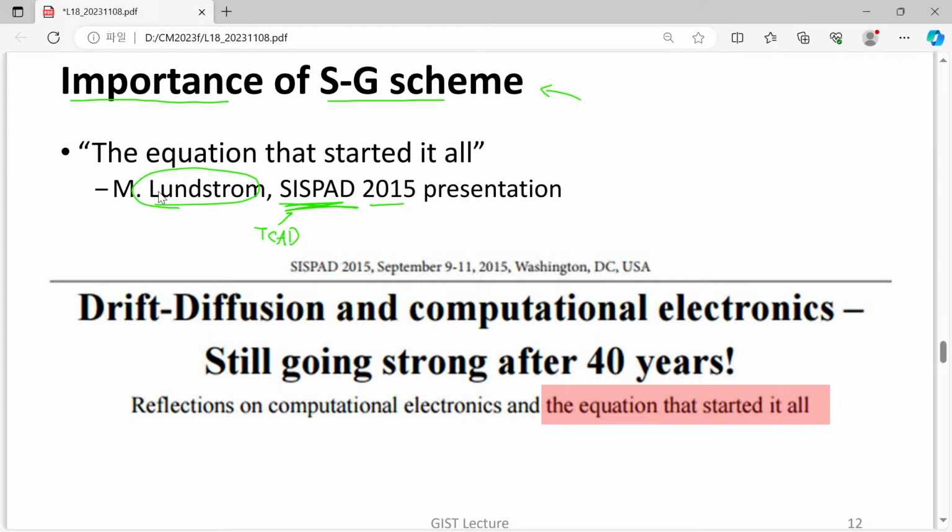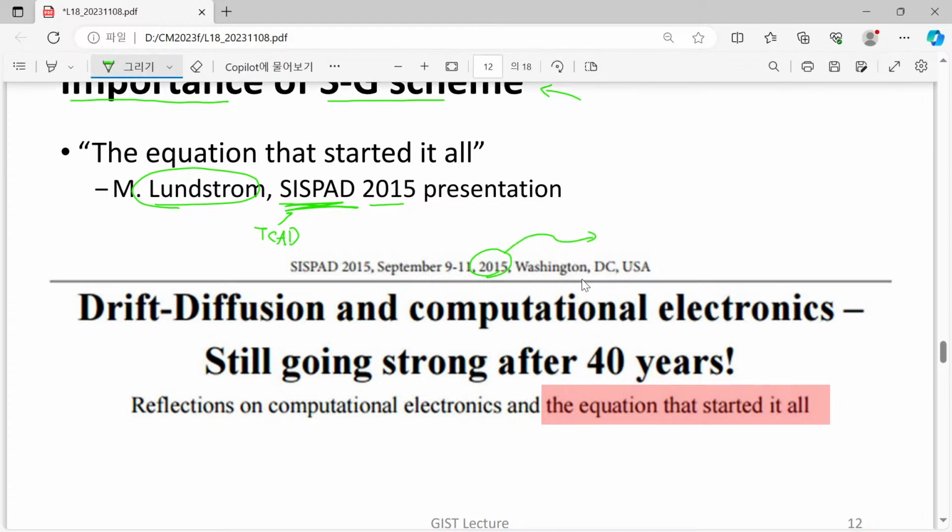He is a Purdue professor, and he's a big name in this field, and his presentation title was Drift Diffusion and Computational Electronics Still Going Strong After 40 Years. So why 40 years? Starting from this one, please calculate 40 years ago. It was 1975.